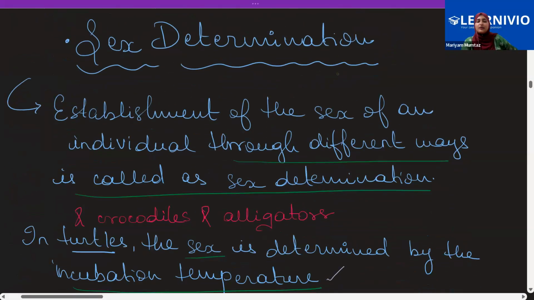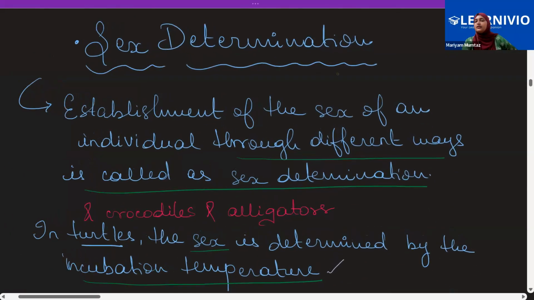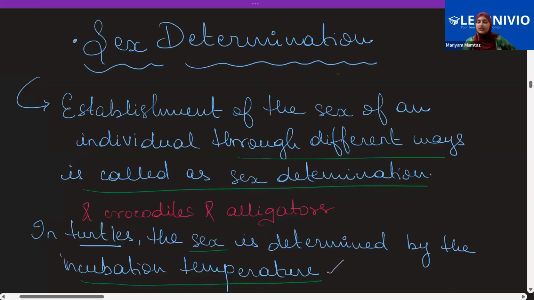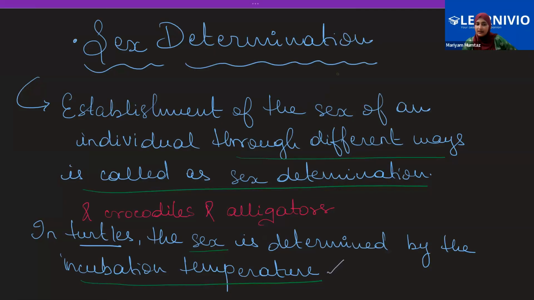After that, there is the process of sex determination. Sex determination is the process wherein we can know the sex of the individual by the way the inheritance or the genes they are crossing. So, establishment of the sex of an individual through different ways is called sex determination. It differs across organisms.